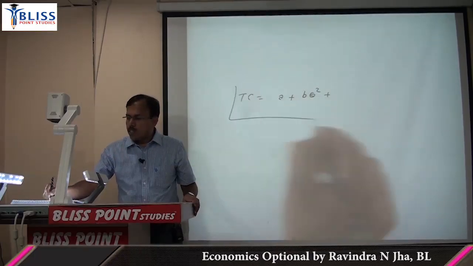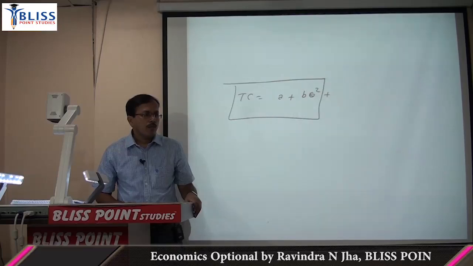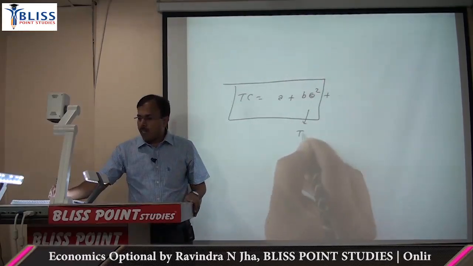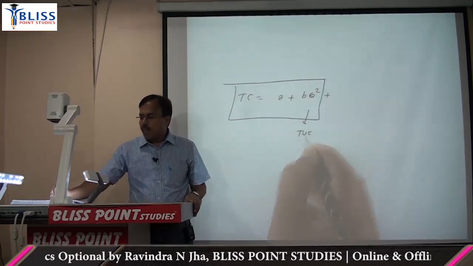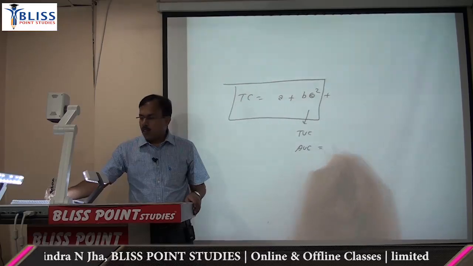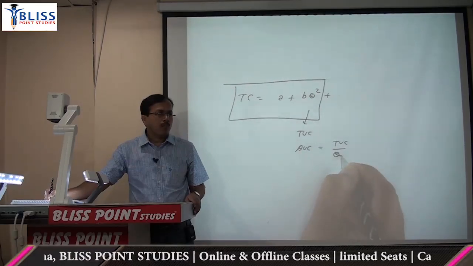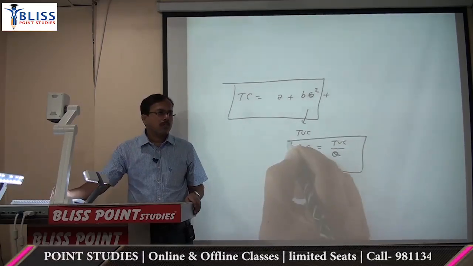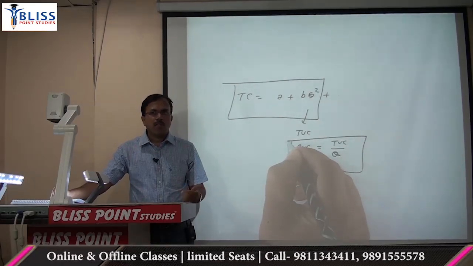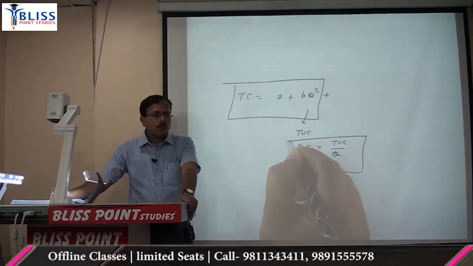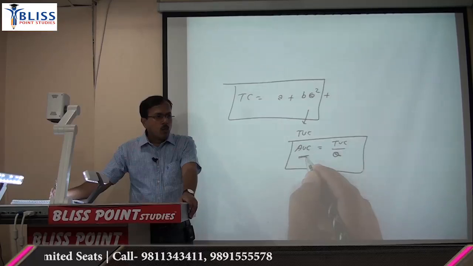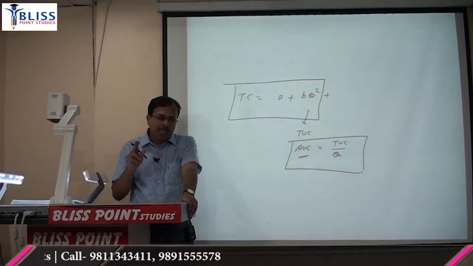So what is variable cost here? This is the variable cost. So we are able to determine how much is the variable cost. From that variable cost you can calculate average variable cost. That will be total variable cost by quantity. Then you have to minimize it. So how to minimize? Differentiate that function with respect to Q and equate it to 0. Thereby you will get the quantity at which AVC gets minimized.